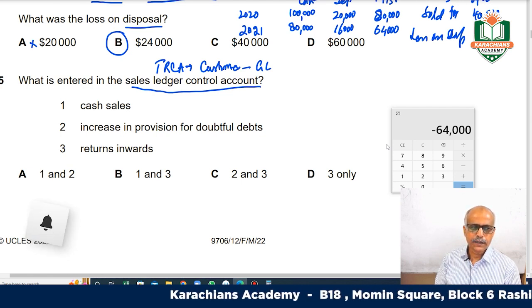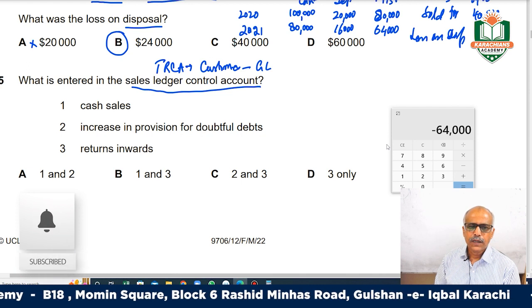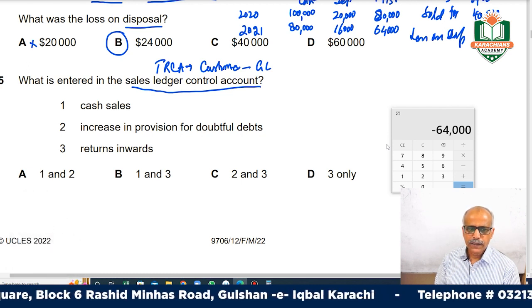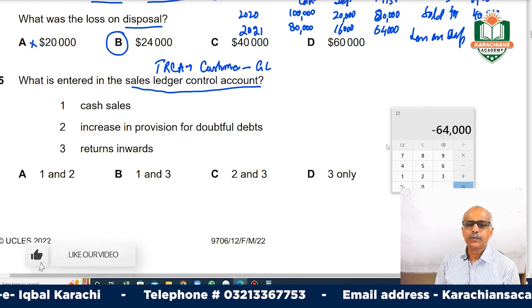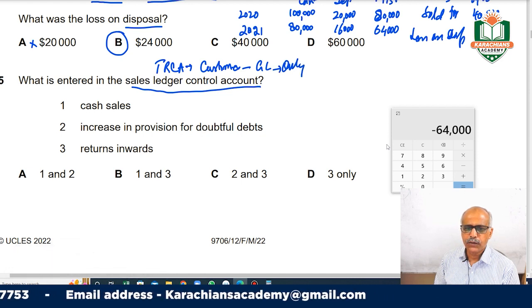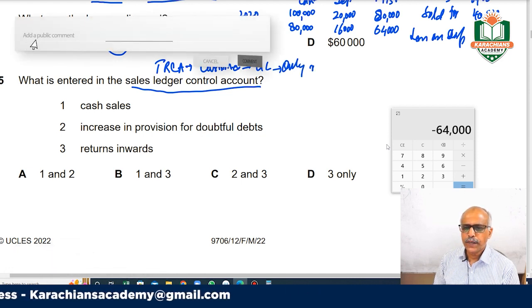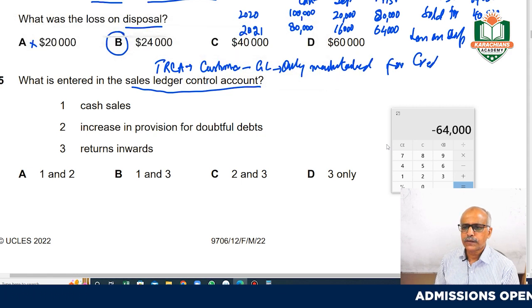So they are asking what is entered in the sales ledger control account. Cash sales. Actually, note one thing: this sales ledger control account, or trade receivable control account, is only maintained for credit sales.